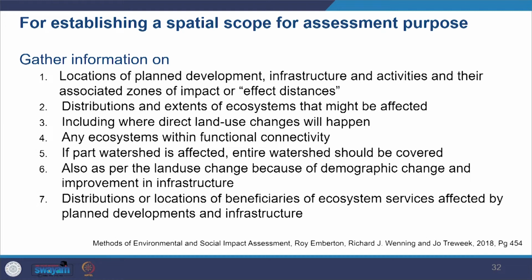Also, consider land use change because of the demographic change which your development might bring in. There might be improvement in the infrastructure, there might be other impacts as well, so you need to look at that. Then the distribution or location of beneficiaries of ecosystem services affected by plant development and infrastructure. So how are they distributed, and at what scale are they distributed.